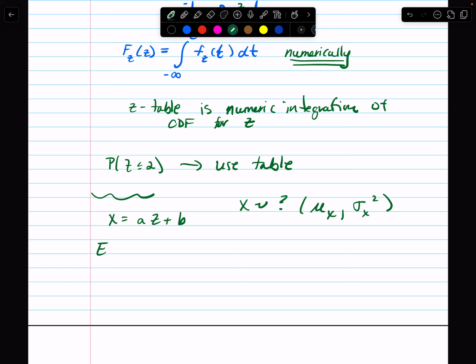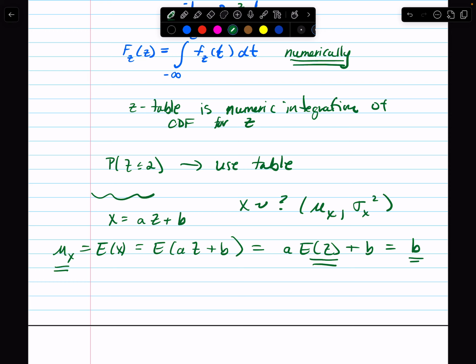Then the expectation of X, or mu sub X, is equal to the expectation of aZ plus b, which, because of the linearity of expectation, is a times the expectation of Z plus b. The expectation of Z is 0, as we noticed above, and so this is equal to b.